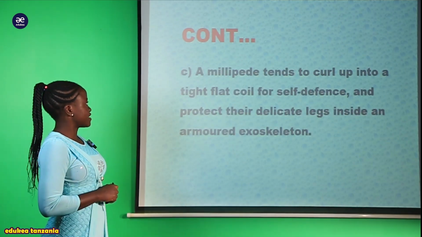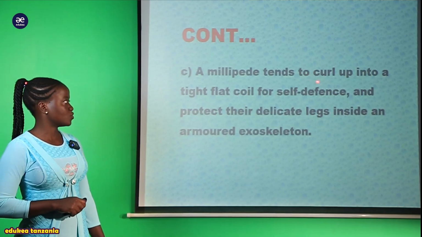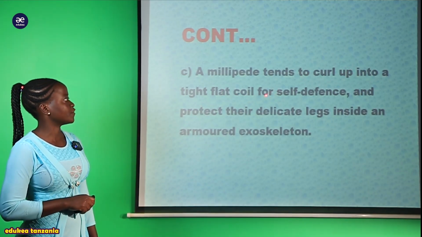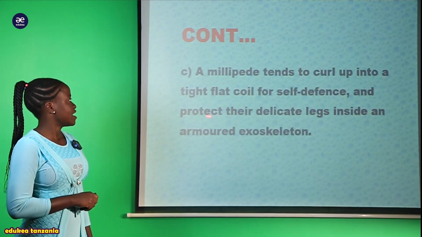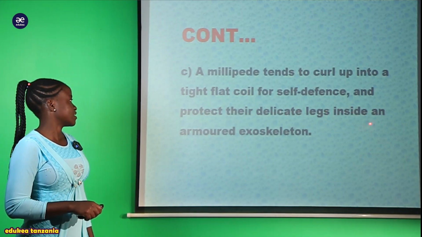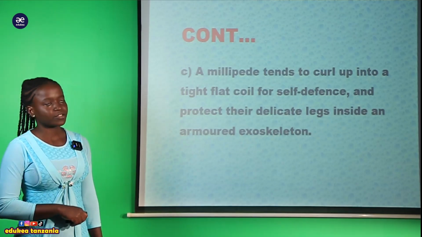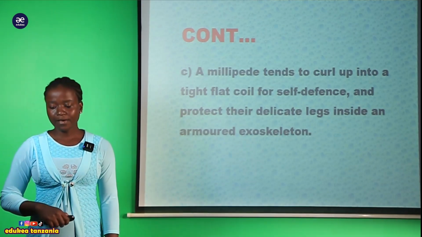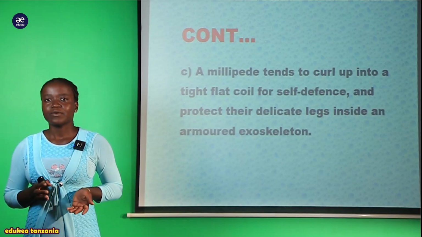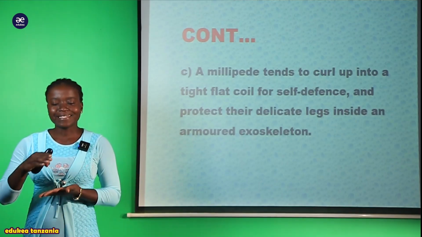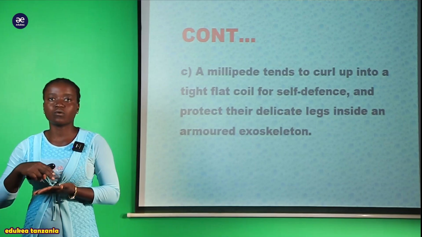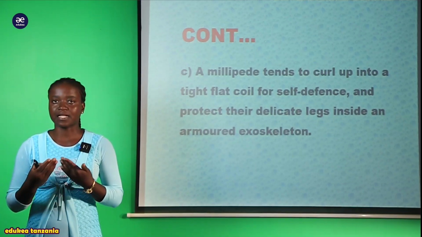And also we can say that millipede tend to curl up into a tight flat coil for self-defense and protect their delicate legs inside an armored exoskeleton. Hawa organism they have a tendency to curl up. What does that mean? Wana hile tendency ya kujikunja pale ambapo wata face with any predators or anything that can harm them.